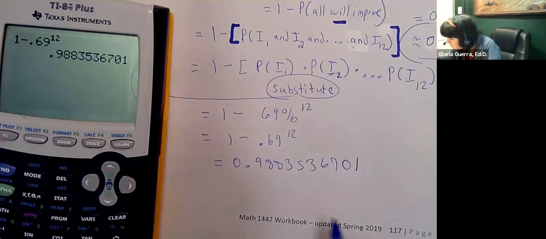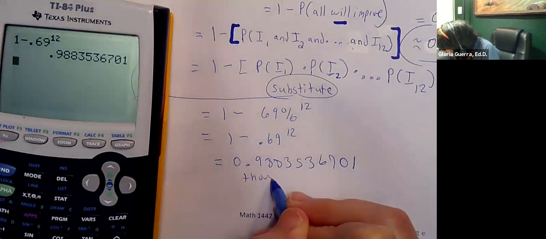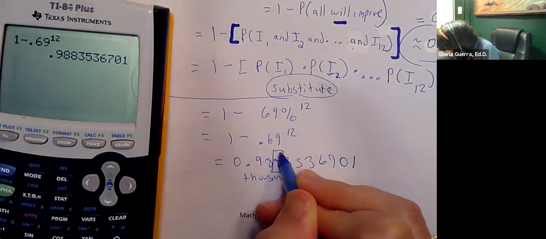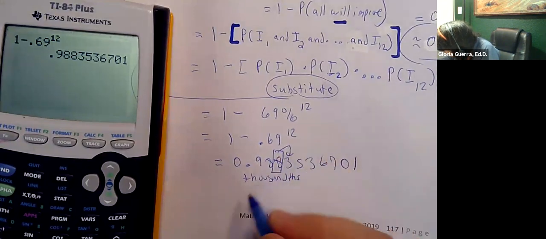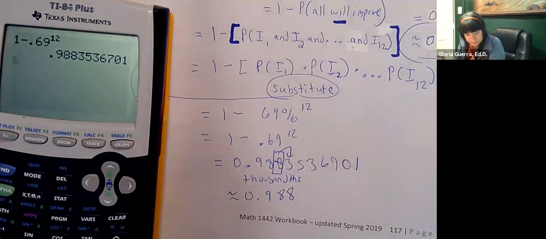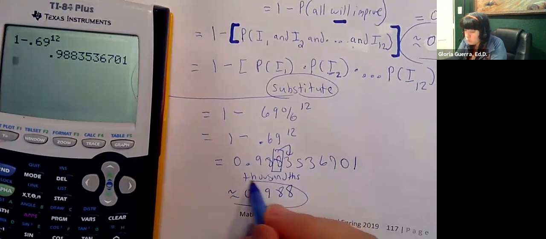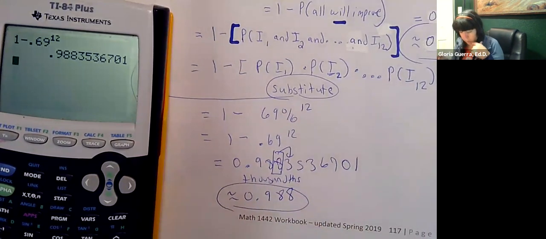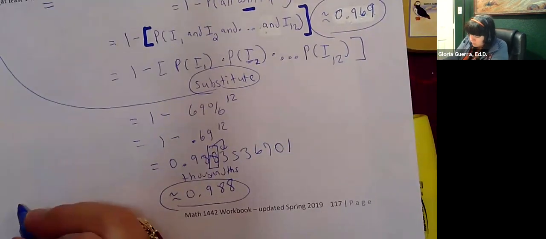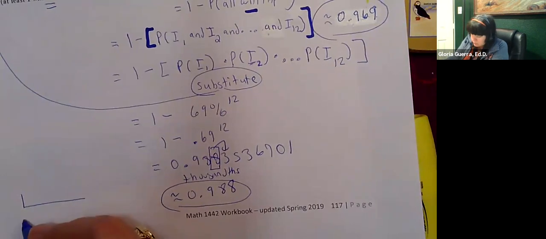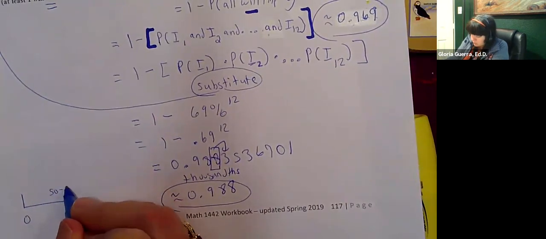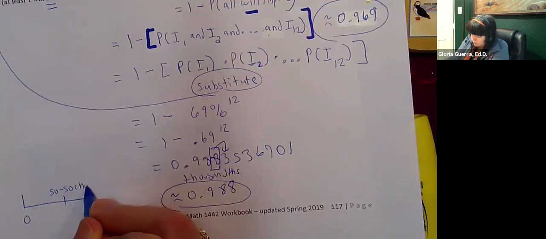And if I round this to thousands, tens, hundreds, thousands, and look at the right number, 5 or more, yes. Okay, so now I look at this. This is 0. This is a 50-50 chance.